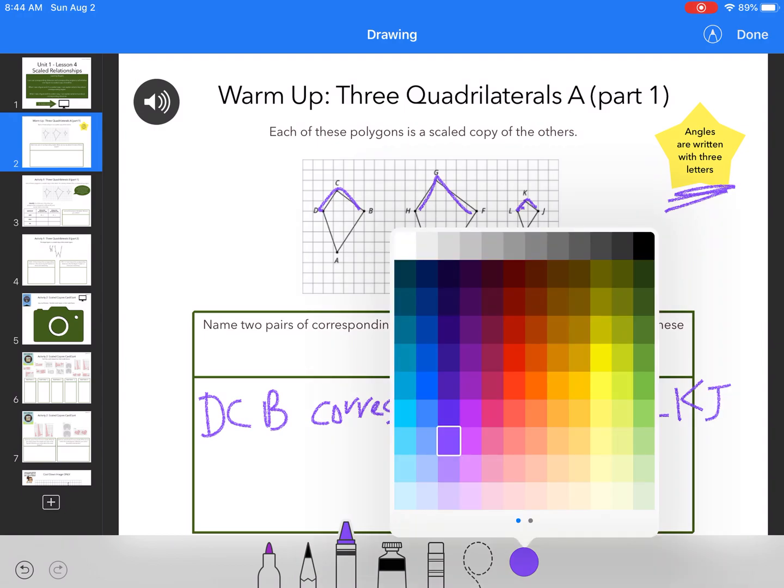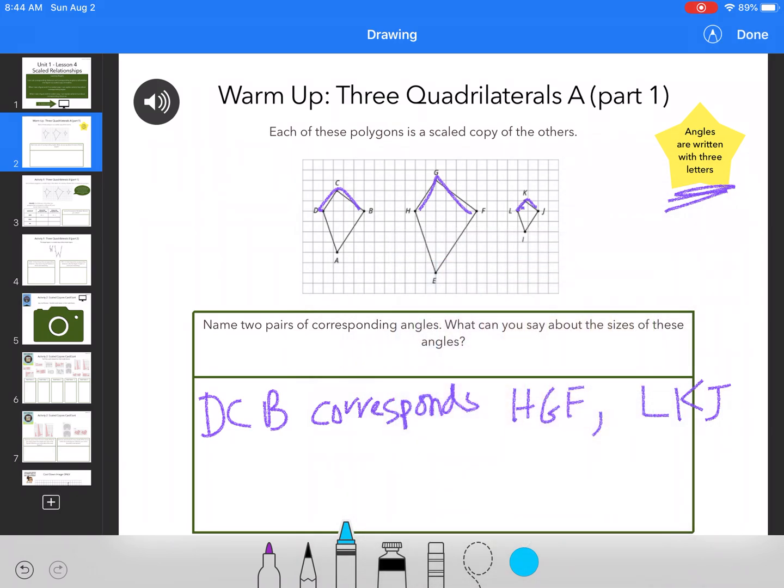Then I'm going to do another pair. So DAB corresponds with HEF. And LIJ.